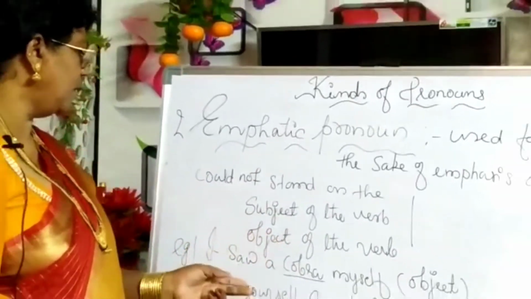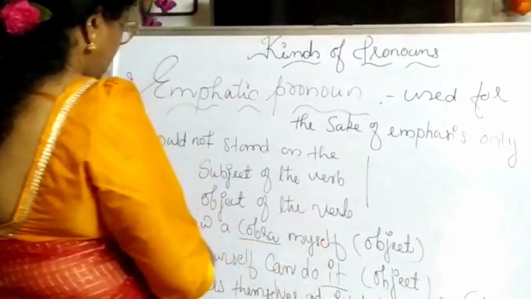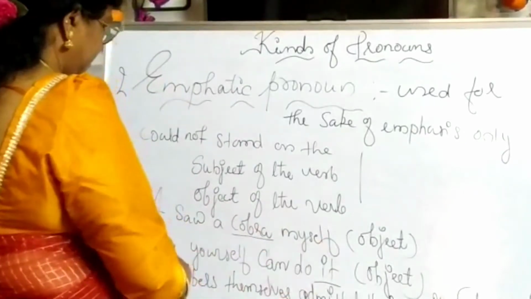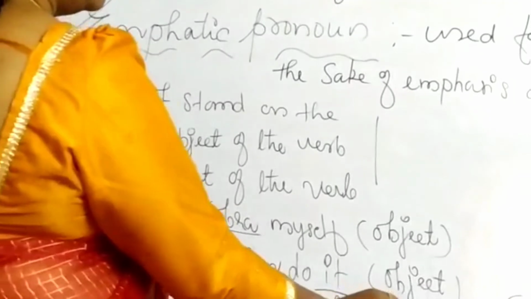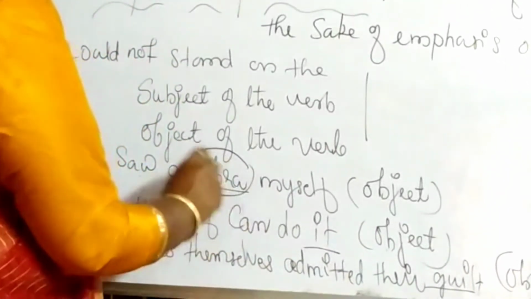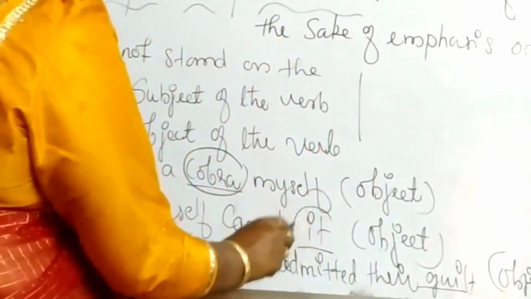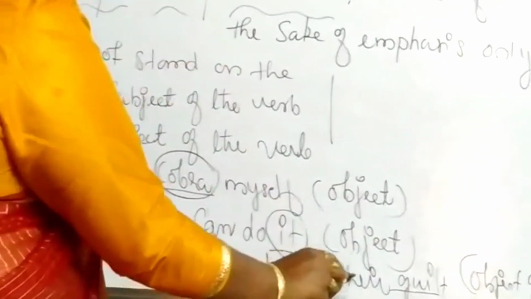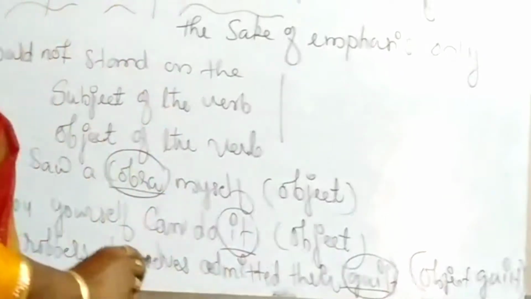For example, I saw a cobra myself. Second example, you yourself can do it. The robbers themselves admitted their guilt. Here the cobra is the object, and guilt is the object here.